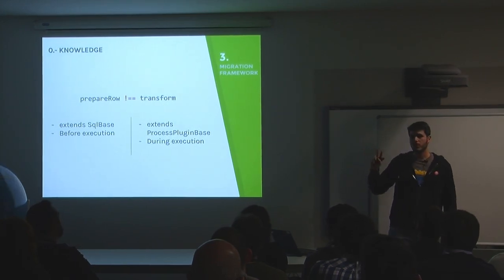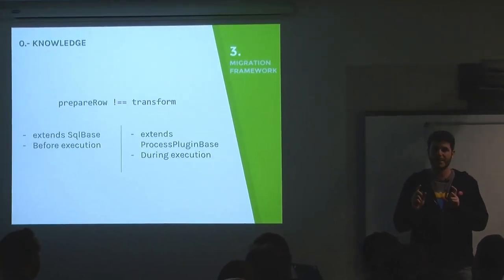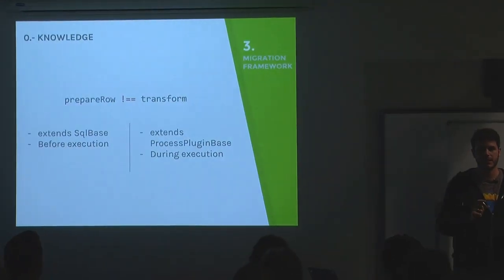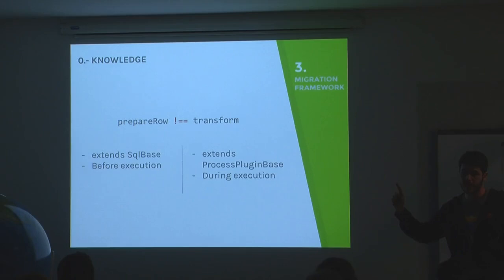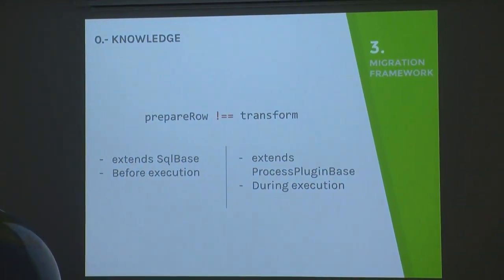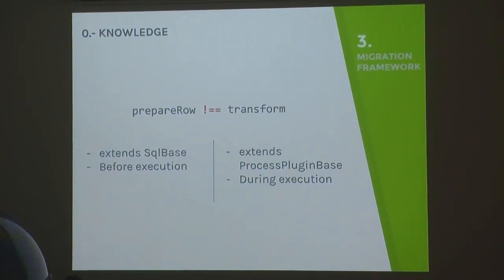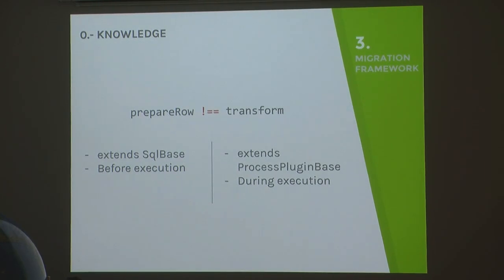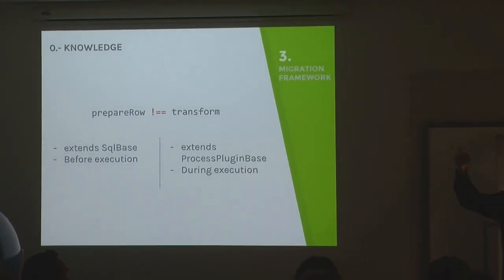So, more knowledge. There are 2 functions to modify this data. Okay? Prepare row and transform. Prepare row is in a source plugin from SQL base. Okay? It's defined in an interface, but prepare row executes all the time. When you do migrate status, it executes on all the rows.